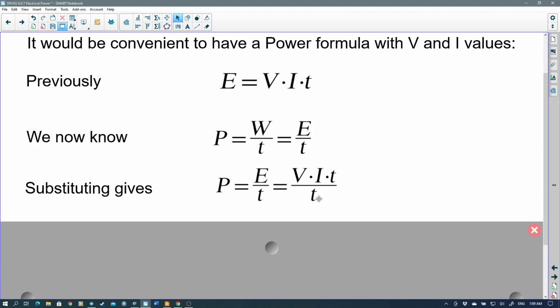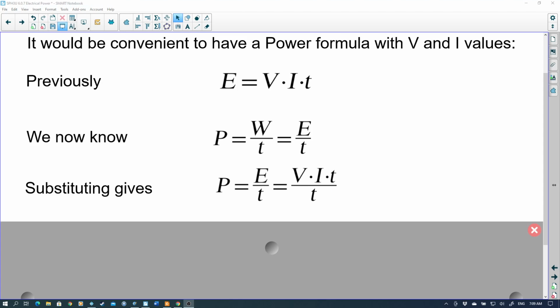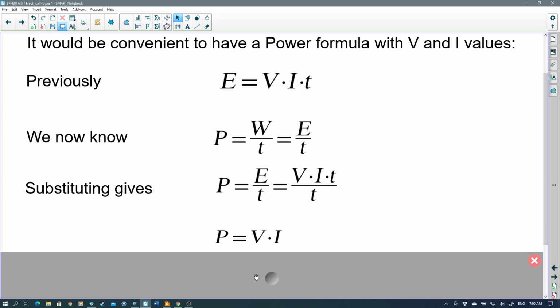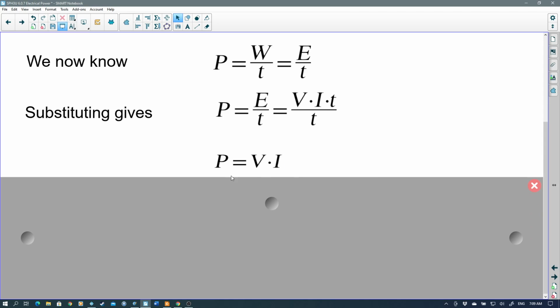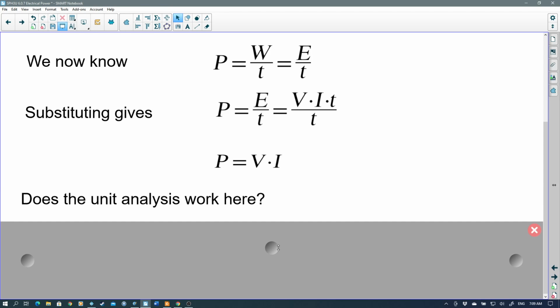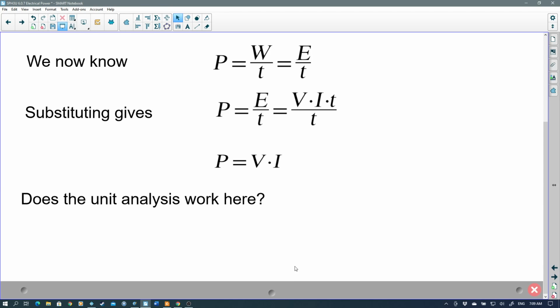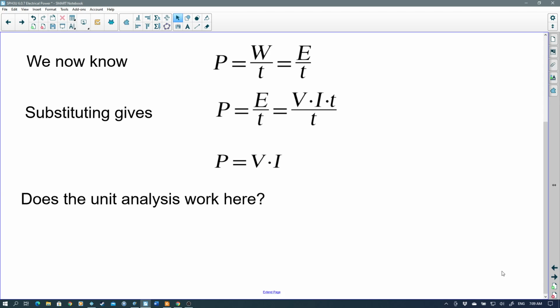So now we're starting to get a power equation with respect to a voltage and a current. But look at what happens to these times. The times cancel out and we end up with an equation for power just with voltage and current. So if you know the voltage that a load is using and you know how much current is passing through it, you can calculate the power of that electrical thing. So if we do unit analysis here, do the units match up?